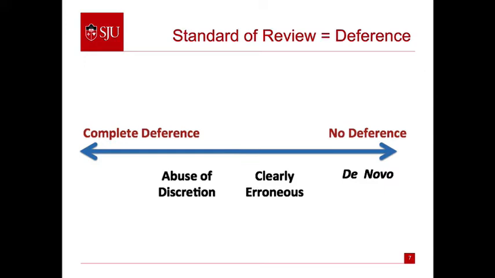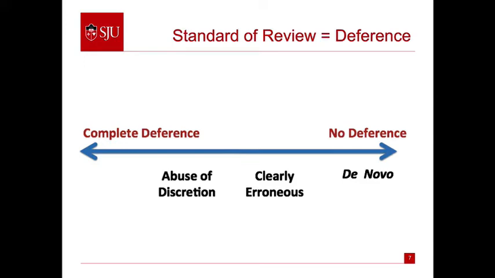And the key is to understand that there are different types of error. There's some errors alleged where it's alleged that the trial court made a factual finding that is in error. They found, let's say it's a car accident case, and they found that the light was red instead of green when the driver went through.